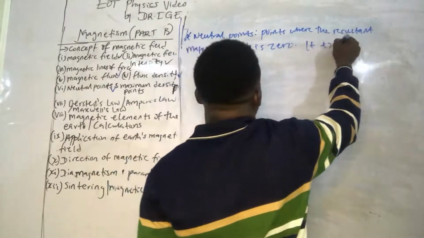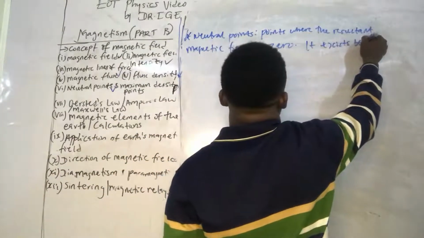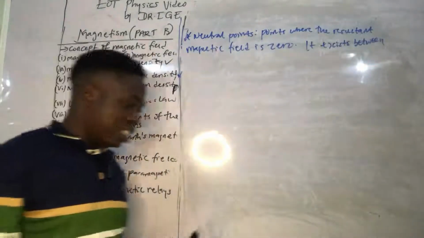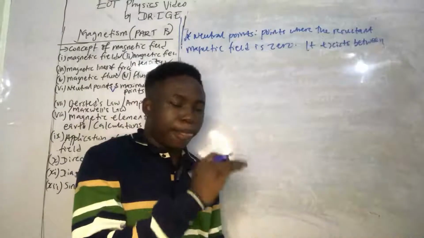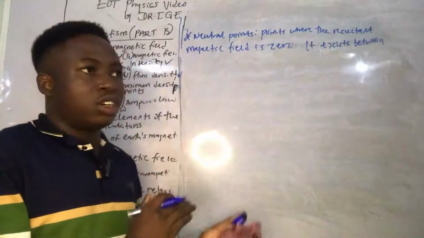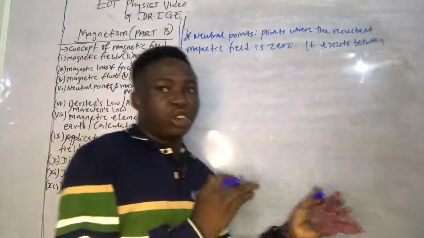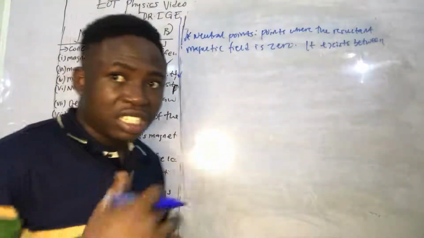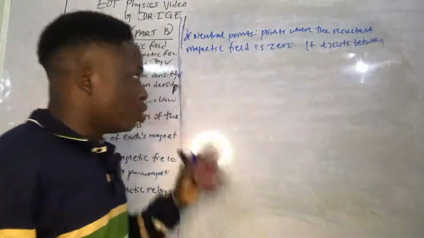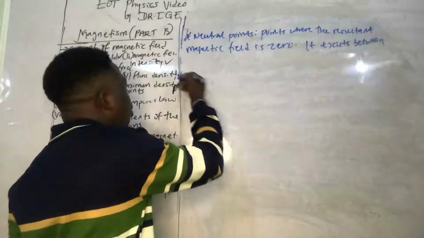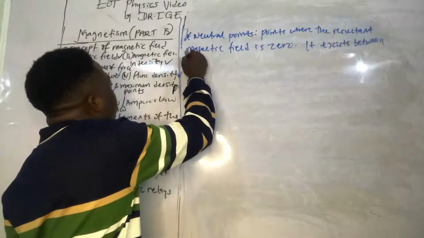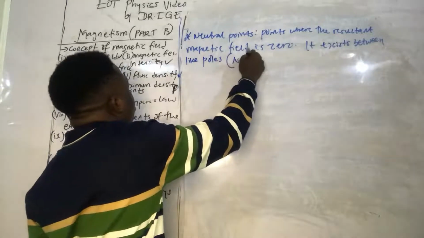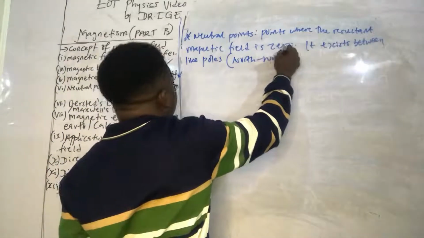The other way it can exist is where you place magnets adjacent to each other with opposite poles instead of like poles, but I don't think that's this level of physics. So the basic one is that it exists between like poles, specifically north and north poles.